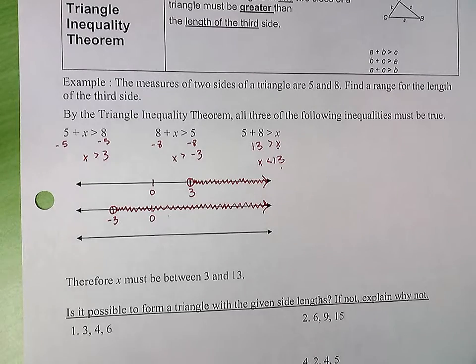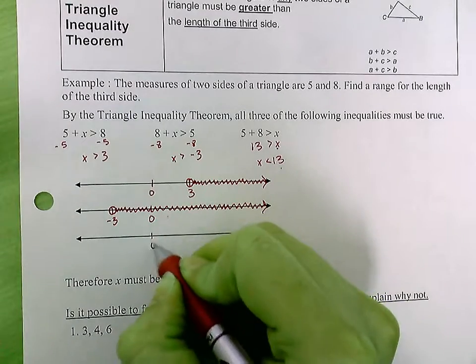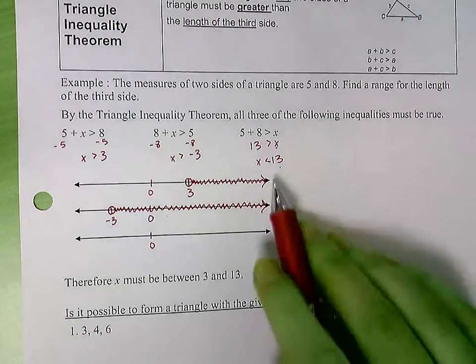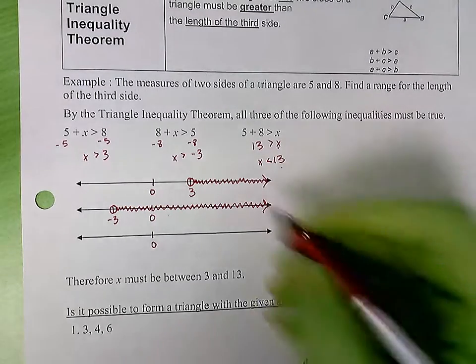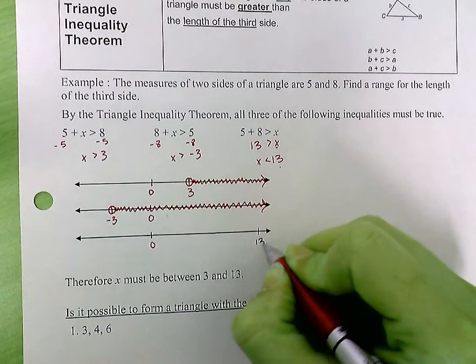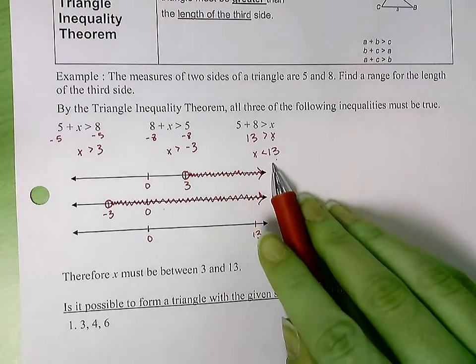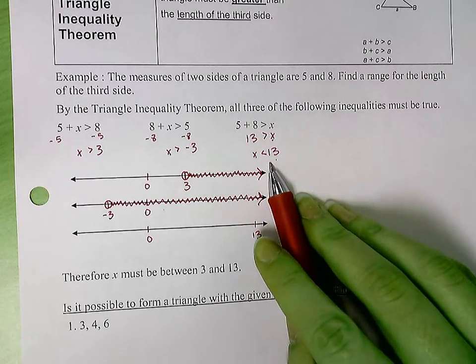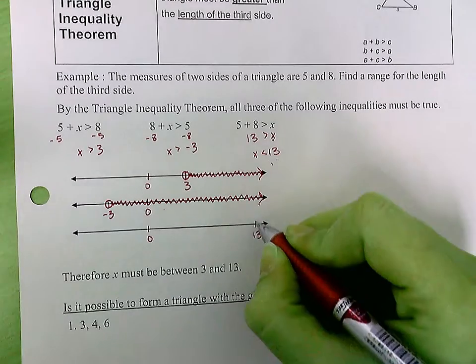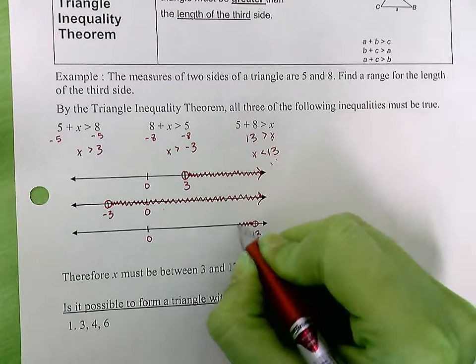Then the last one. Again, we have 0. I need to plot 13. So 13 is greater than 3, so it's going to go over here. For this one, I want the values less than 13, so that means we're going to the left.